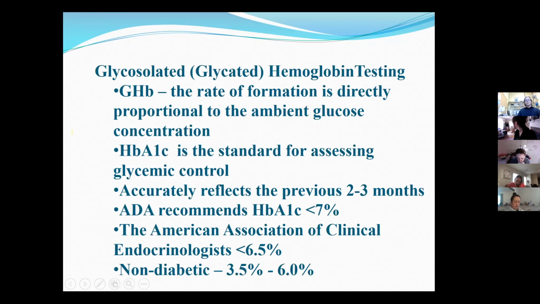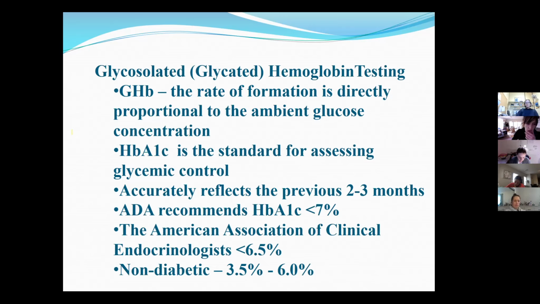So this is the slide I wanted you to see. The glycosylated hemoglobin testing, or HbA1c, also commonly referred to as GHB, tests the rate of formation that is directly proportional to the ambient glucose concentration.